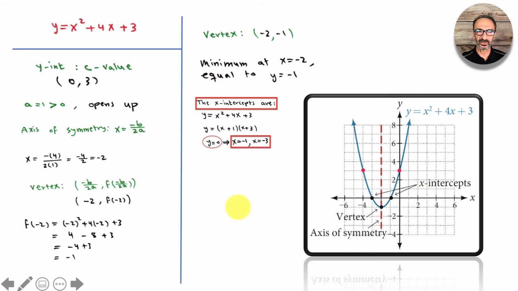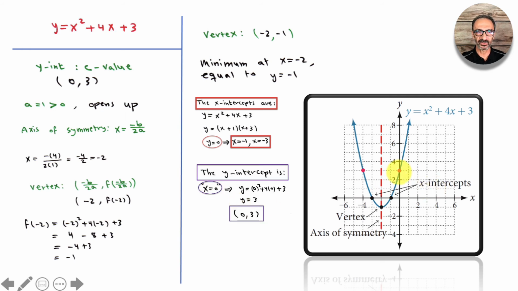How do you find the y-intercept? To find the y-intercept, you set x equals 0, as we did before, if you want to do it in steps, or you take it from the c value. Now, once you have the y-intercept and you have the line of symmetry, same distance, you go to the other side because of symmetry.